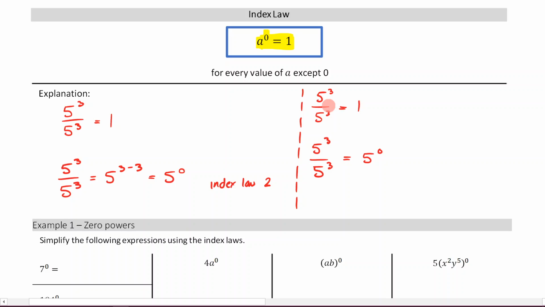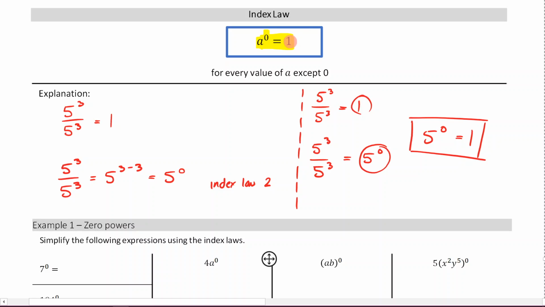Well, if 5 to the 3 over 5 to the 3 is equal to 1, and 5 to the 3 over 5 to the 3 is equal to 5 to the 0, what that means is 5 to the 0 is equal to 1. And that is kind of a proof of this index law right here. It's proof of this index law that any number raised to the 0 power is going to be equal to 1. So whenever your index is 0, your answer is going to be 1.